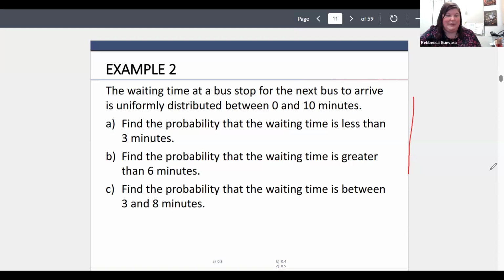Let me make my distribution again, a little nicer looking, with an actual straight line. There's my distribution, and I could be waiting anywhere from 0 to 10: 3, 4, 5, 6, 7, 8, 9.